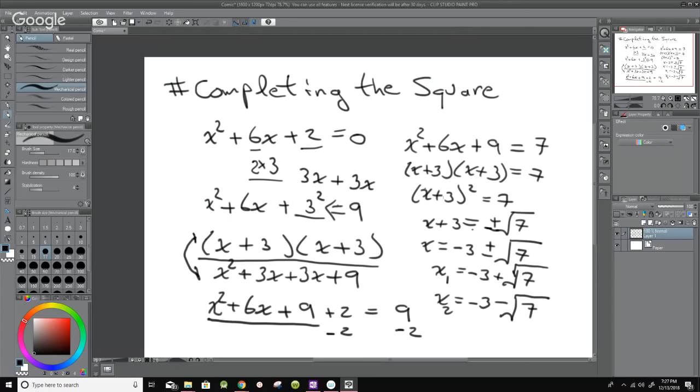And then we acknowledged that we have a duplicate, x plus 3. We rewrote it as being squared, took the square root of both sides, keeping in mind that it would be plus or minus square root of 7. And then we used that to get both of the roots. So that's another way that you can go about solving a quadratic equation.